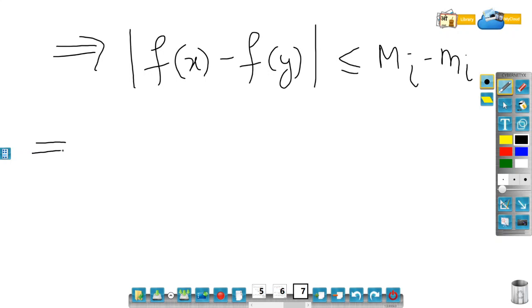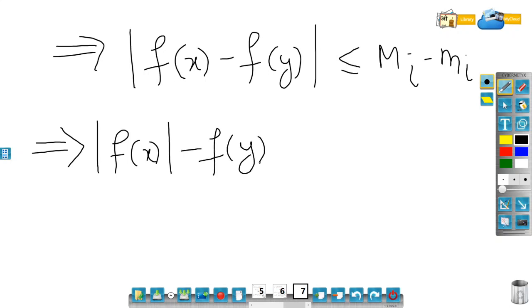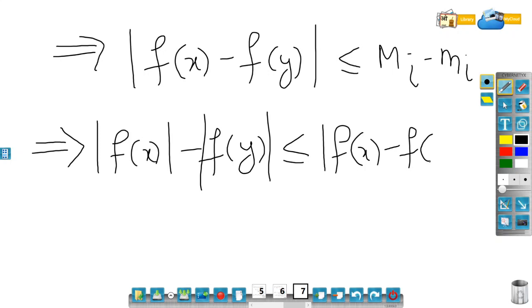Now this would imply mod of f of x minus mod of f of y is less than or equal to mod of f of x minus f of y, which is less than or equal to capital Mi minus small mi.